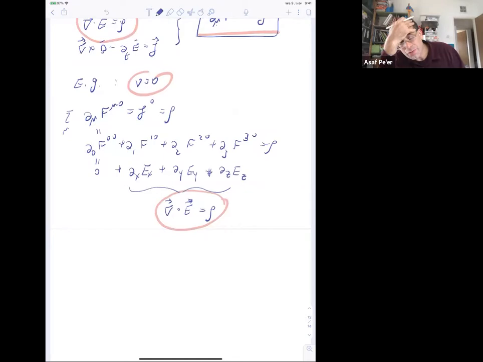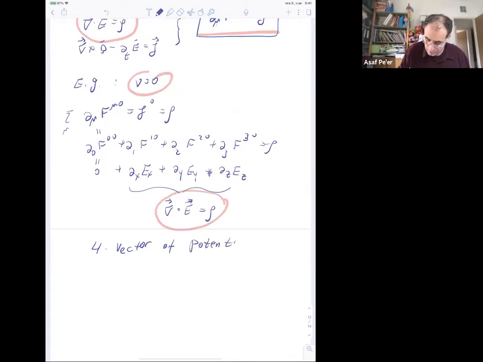There is more than one way to introduce the other two in this notation, but the easiest is to introduce yet another 4-vector, which is the potential 4-vector. Now you have seen potentials, right?